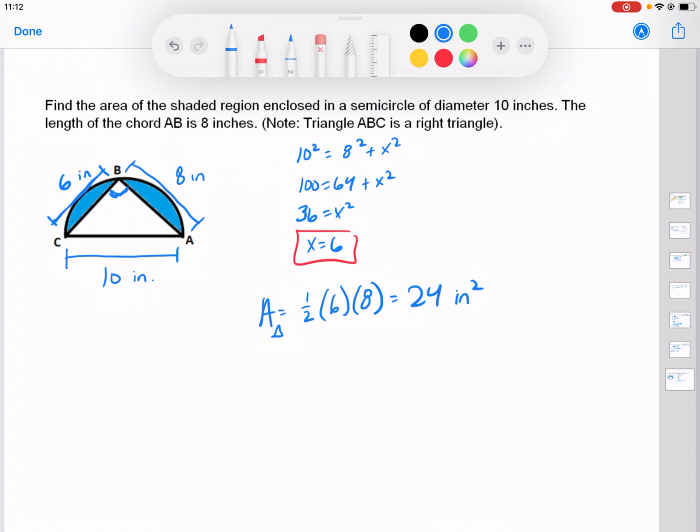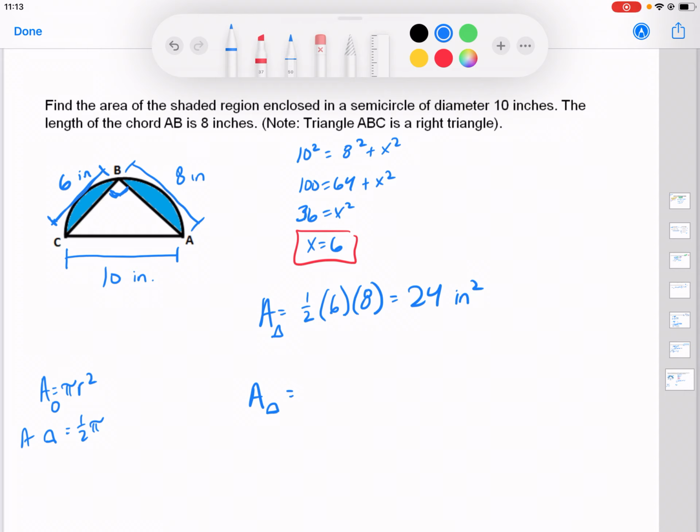Okay, and then we're going to find the area of the semicircle. So the area of a circle is pi r squared, so the area of a semicircle is a half times pi r squared.